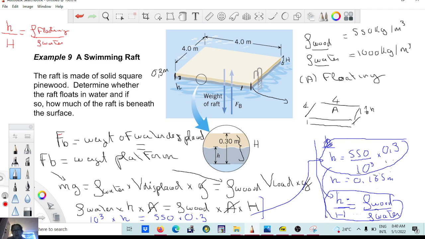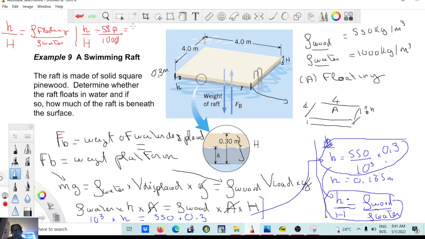Okay, so that's going to be very useful. Let's do that ratio in that case. The small h divided by the big H is going to be 550 divided by 1000.